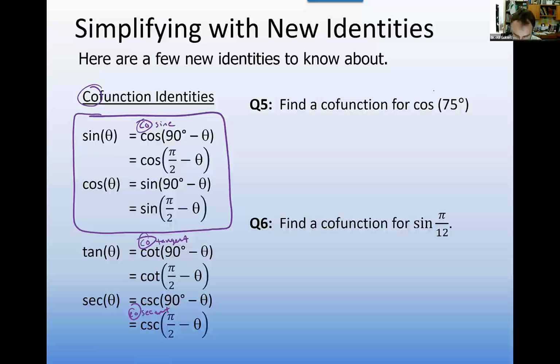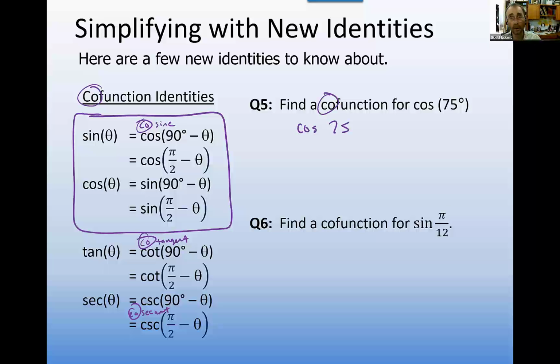Now, if I want to find the exact answer, no, I can't always find the exact answer. What I want to do is forget that, I'm off track. I want to change cosine of 75 into its co-function.